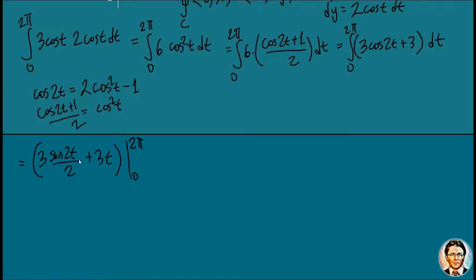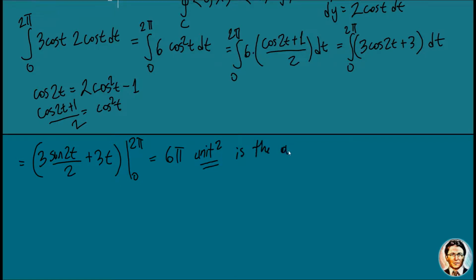Sine 4 pi is 0, sine 0 is also 0, so this is going to be 6 pi minus 0, which is 6 pi unit squares. This is the area of the ellipse.